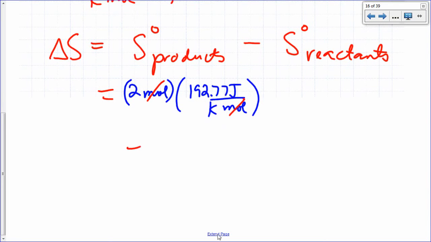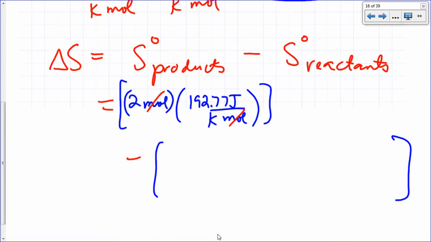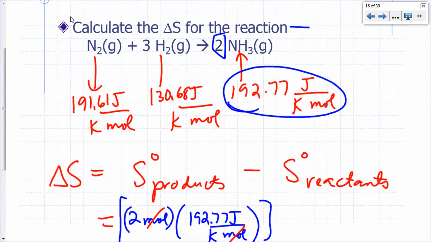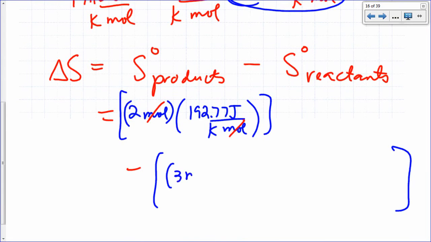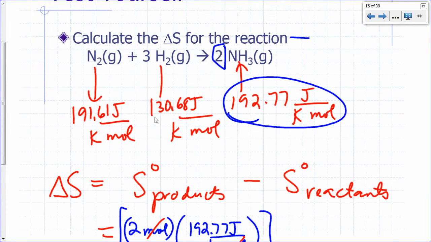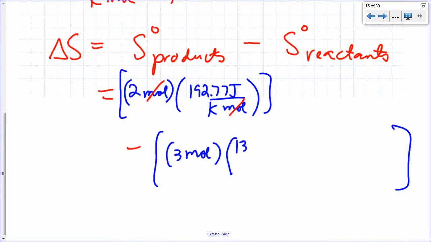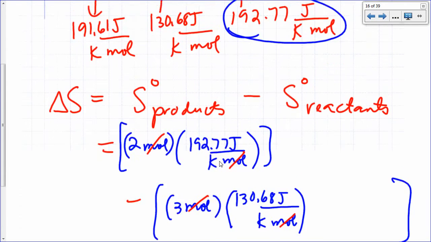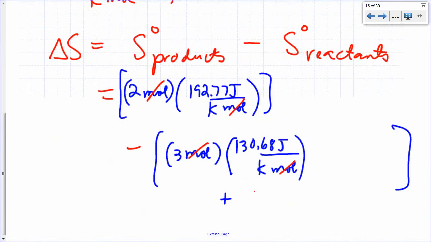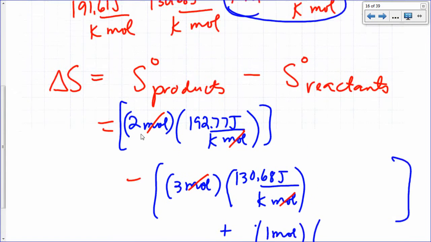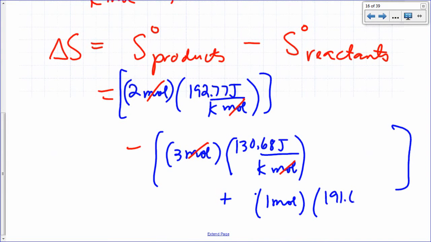Minus, for the reactants, 3 moles of H2 times the standard entropy of H2, 130.68 joules per Kelvin per mole, plus nitrogen, which is 1 mole times 191.61 joules per Kelvin per mole.